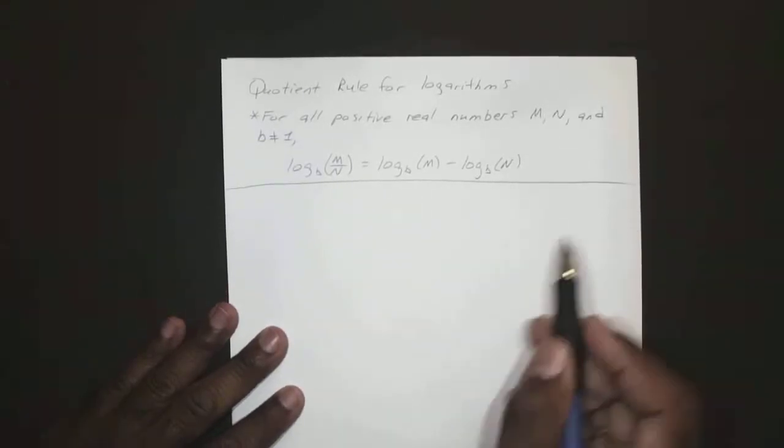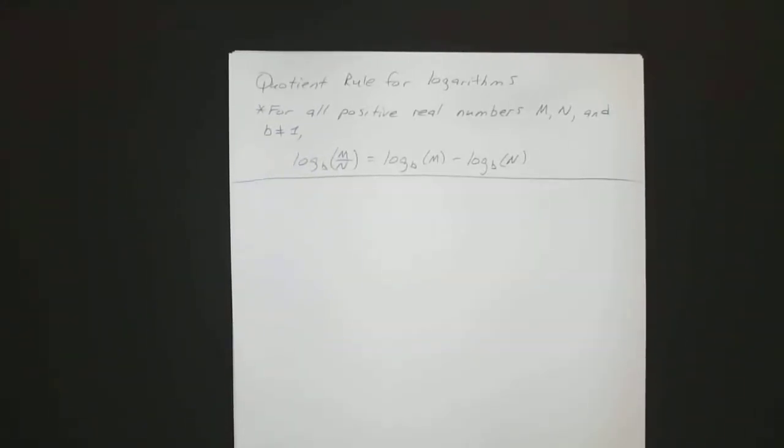Okay. So you can see when you have product, you have to add. When you have quotient, you have to subtract.